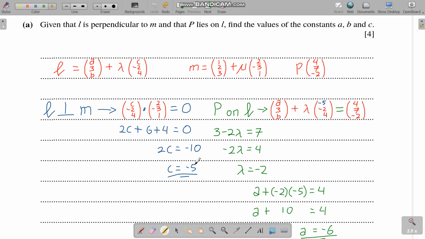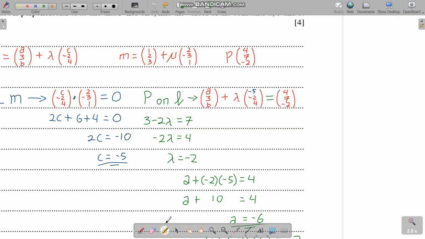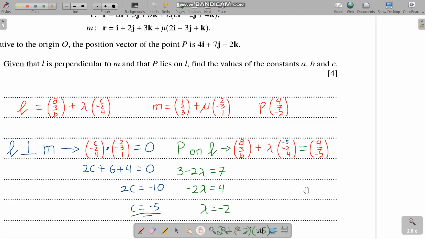So after we find the c here, we use the fact that P lies on L, which means the (4, 7, -2) satisfies the line equation. It says on L, so we have to use the L vector equation.